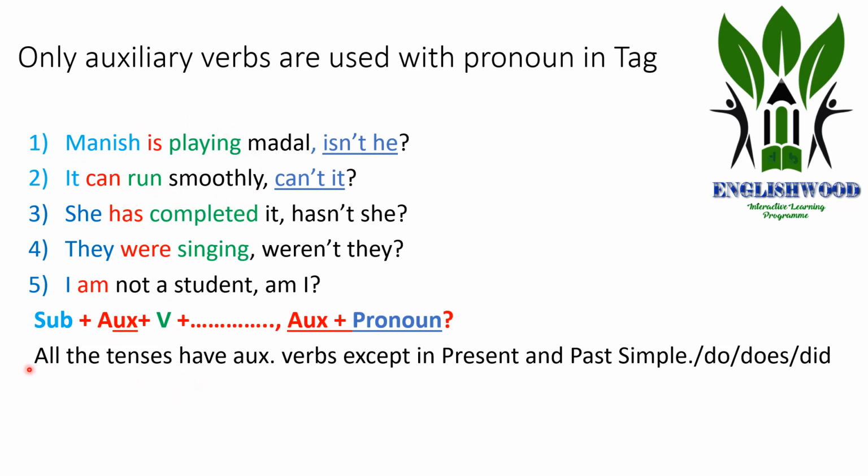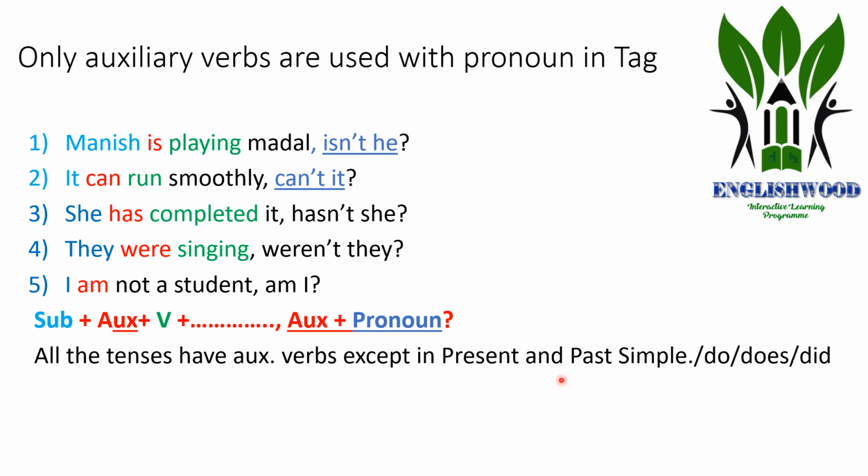If you remember, all the tenses have auxiliary verbs except the present simple and past simple tenses. So all of them have an auxiliary verb, and the same auxiliary verb can be used to make the tag. Just pick out the auxiliary verb and use it in the contracted form with the pronoun. In this way, we can make question tags very easily.